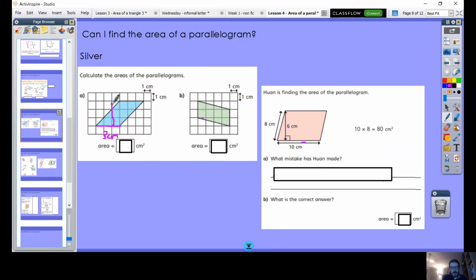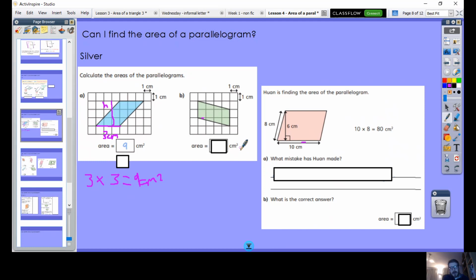So I'm going to go from here up to here, because that's how high this shape is from the base. So the height is 1, 2, 3 as well. So the height is 3, the base is 3, so we do 3 times 3 equals 9 centimeters squared.